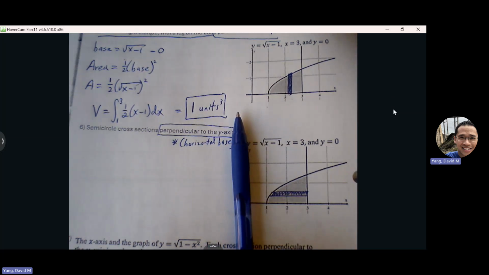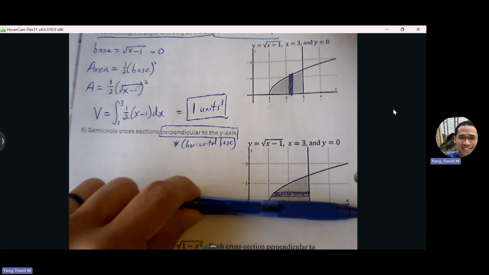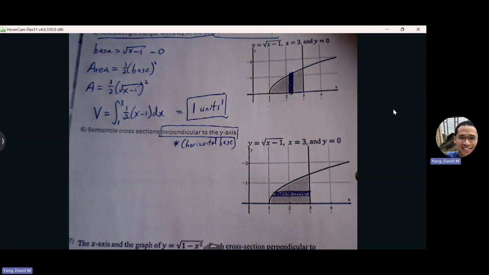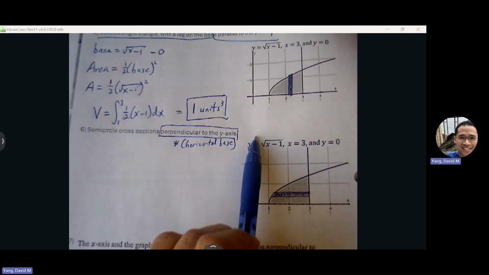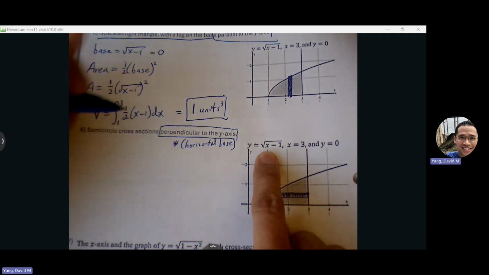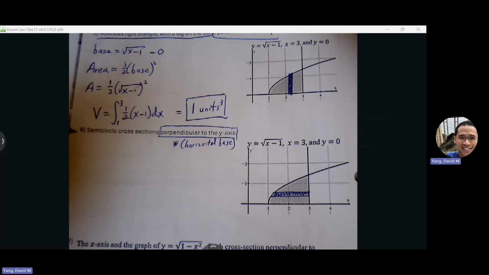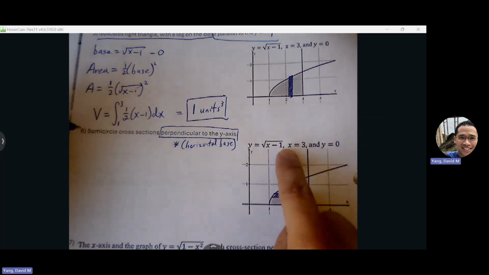The y-axis starts off vertical, so perpendicular means we have to change direction to horizontal. If you see a horizontal base, horizontal radius, or horizontal rectangle, you know your equation needs to be rewritten in a form that we can use. So y equals root x minus 1 needs to be rewritten. Make sure you don't just swap the x and y. You have to algebraically solve for x.